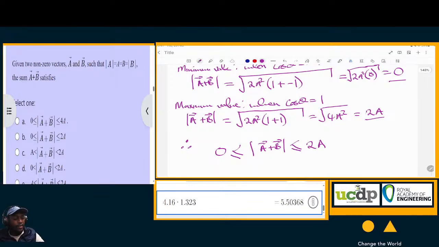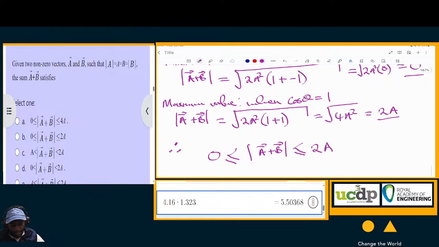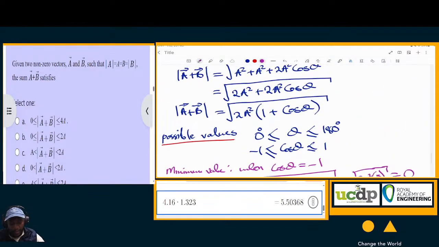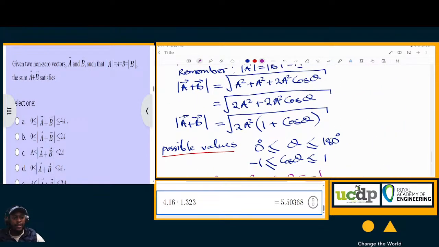So that is how you would analyze such a question, by taking it from the equation for vector addition of magnitudes. That's how we've gone through that question.